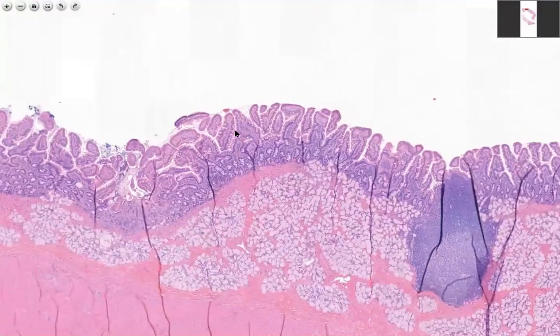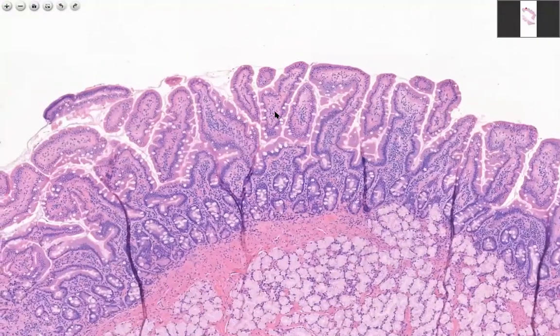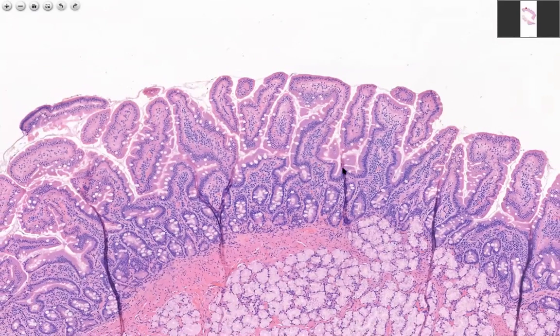So let's go back and look at the mucosa. From lower power, we can see that instead of a flat surface with invaginations, also known as pits, in the stomach, we have these finger-like projections called villi. And throughout the small intestine, we have the villi because that increases the surface area with which the small bowel can absorb nutrients.